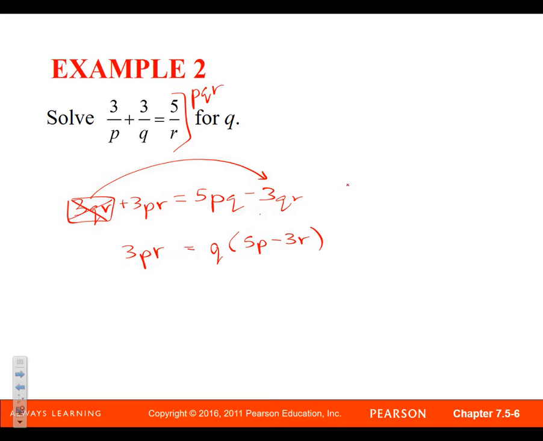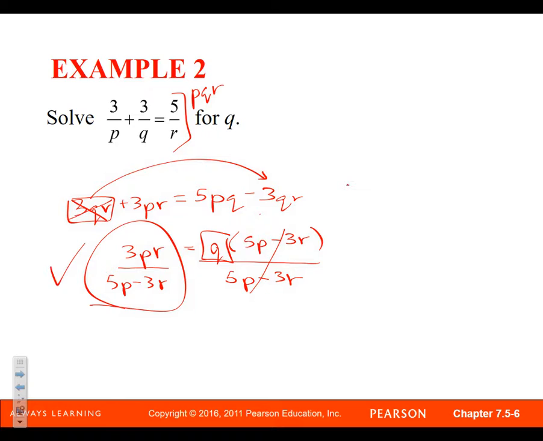Just factor it out. Now, 5P minus 3R is just a number, and it's being multiplied by R. So what's the opposite of multiplying? Divide. So let's do that. Divide both sides by 5P minus 3R. This would become 1. And the value of Q is right there.